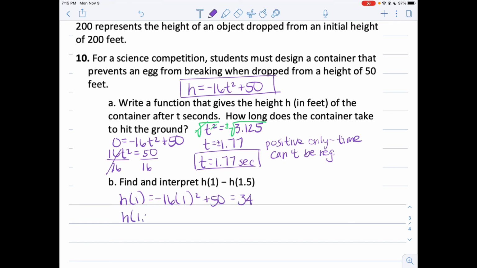H after 1.5 seconds is negative 16 times 1.5 squared plus 50, and that gives me 14. So between the seconds of 1 and 1.5, I have moved 20 feet. 34 minus 14 is 20.